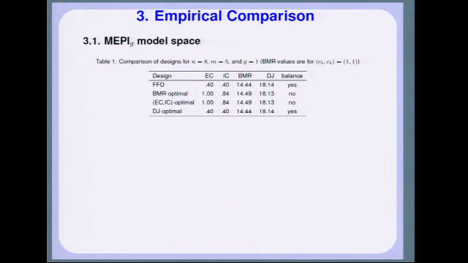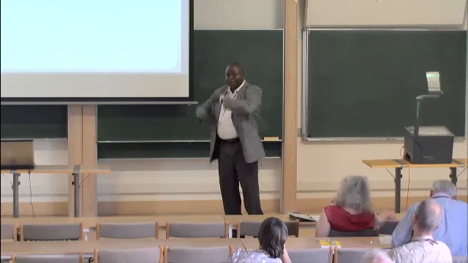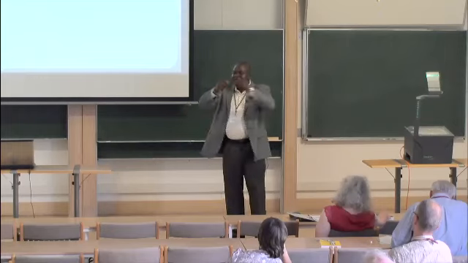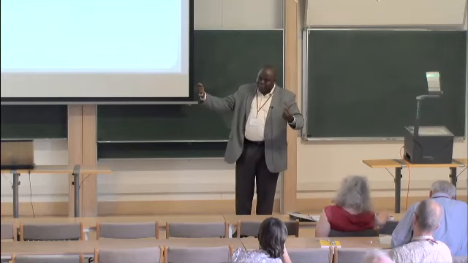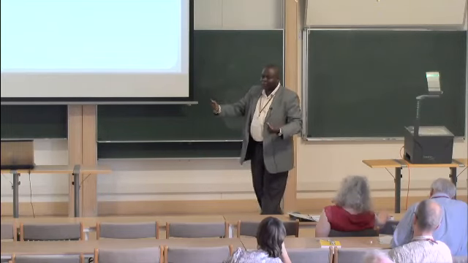So the plausible models in that set are A, B, C, D, E, AB; A, B, C, D, E, AC; and so on. So all these possibilities of 5 main effects and 1 2-factor interaction. Those are what we have.